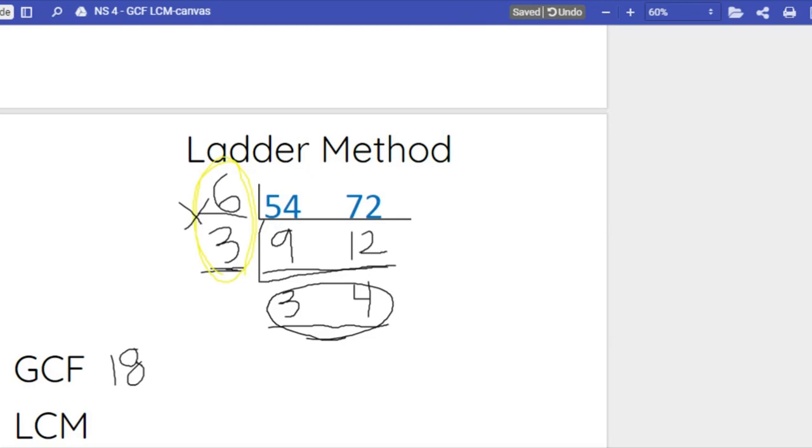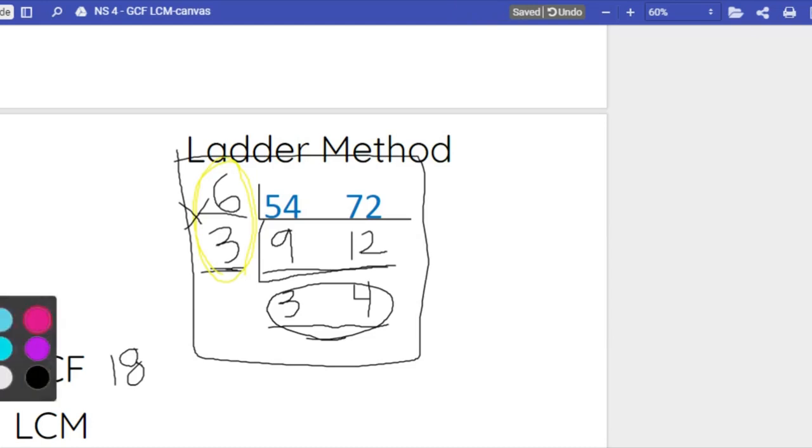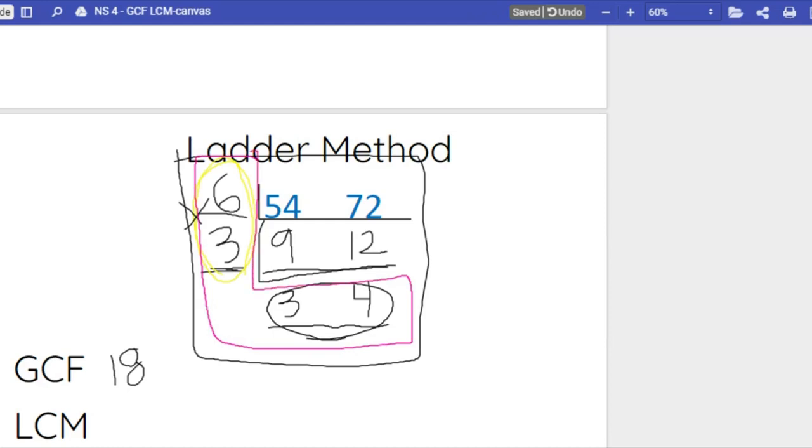Now, the nice thing is that to find the least common multiple, I don't have to do anything more to this process. I just get to use it. Least common multiple begins with an L, so I am going to draw an L outside my numbers.